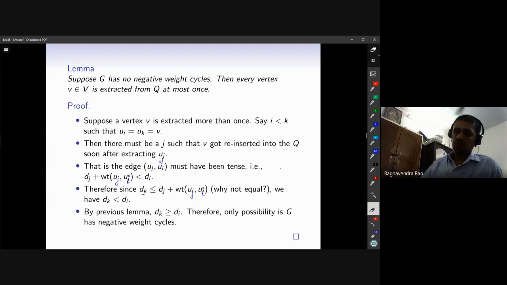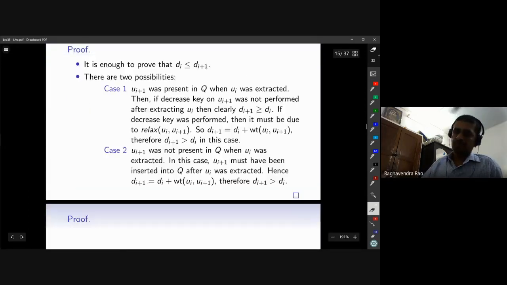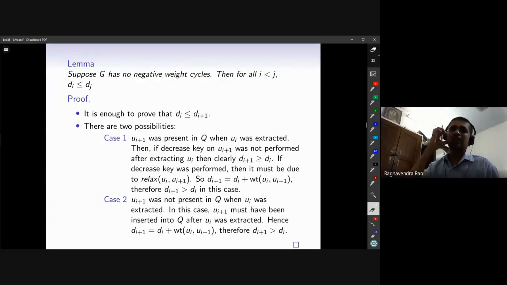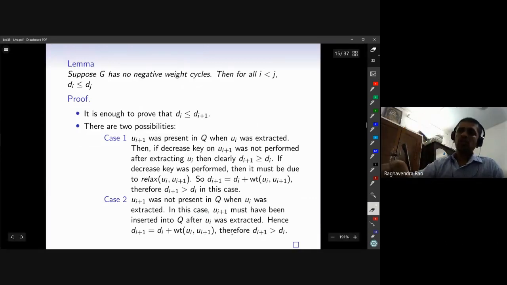Now we'll just prove the previous lemma, which is crucial in proving this statement. We'll simplify it. We'll show that in successive steps, the distance property will be maintained. That is, di is less than or equal to di plus 1. That would immediately give us the claim.